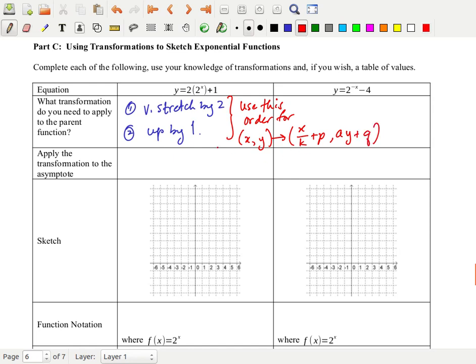If you want to transform points, you need to do things in this order. But we've talked so much about how important the asymptote is that you can actually start there. And it's actually a good idea to start there. So I'm going to shift the asymptote up by 1 right away, because the only transformation that can affect the asymptote is only this.